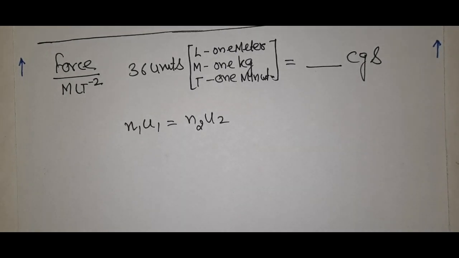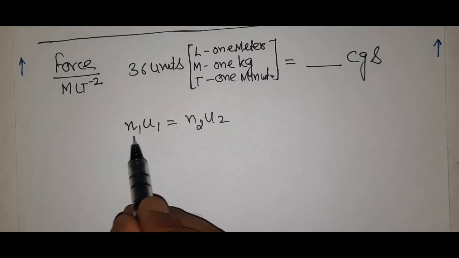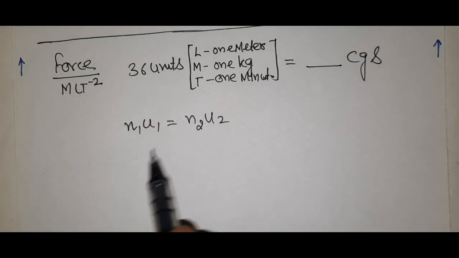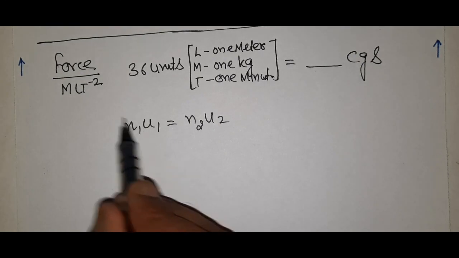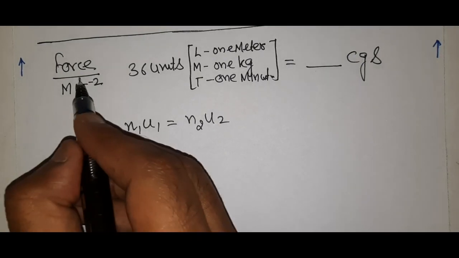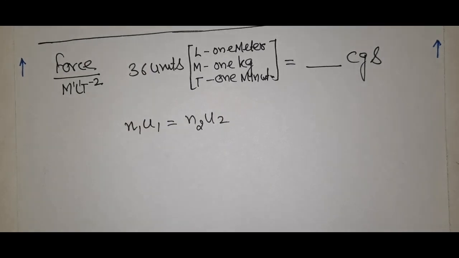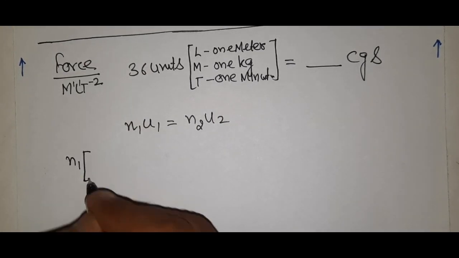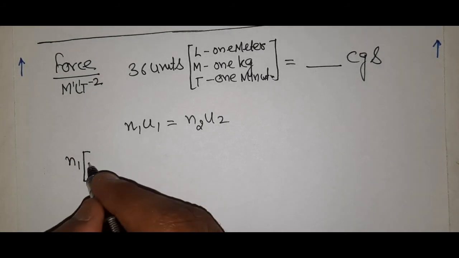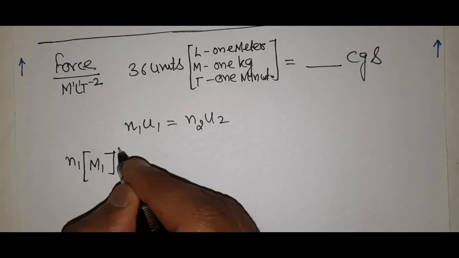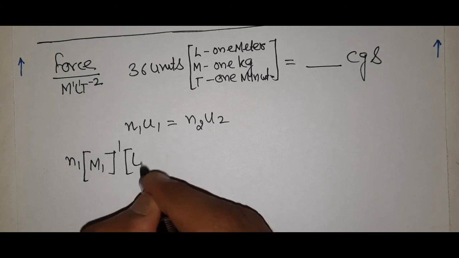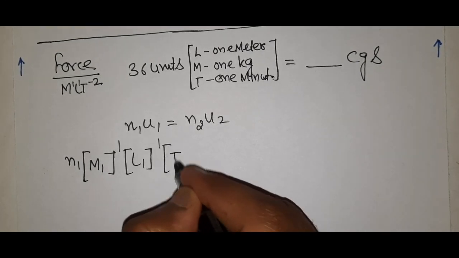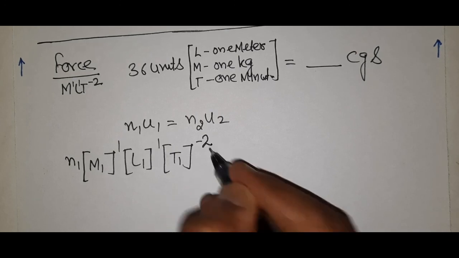In the first system, N1 is given as 36 units. U1, force has mass to the single power, length and time to the power -2. So extrapolating this, unit 1 is mass in the first system raised to 1, length in the first system raised to 1, time in the first system raised to -2.